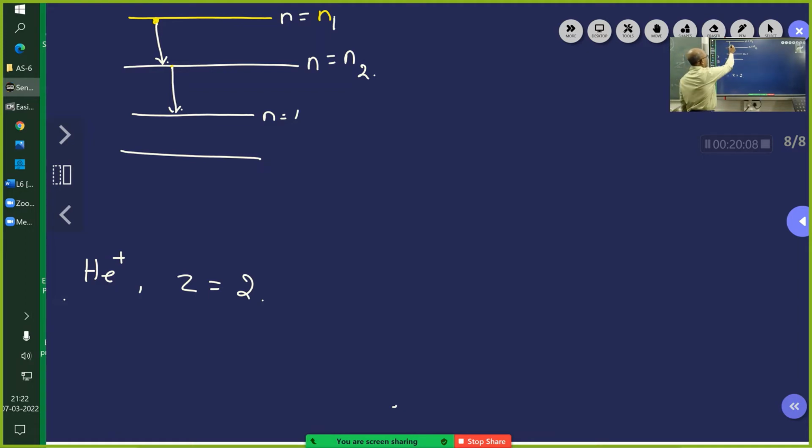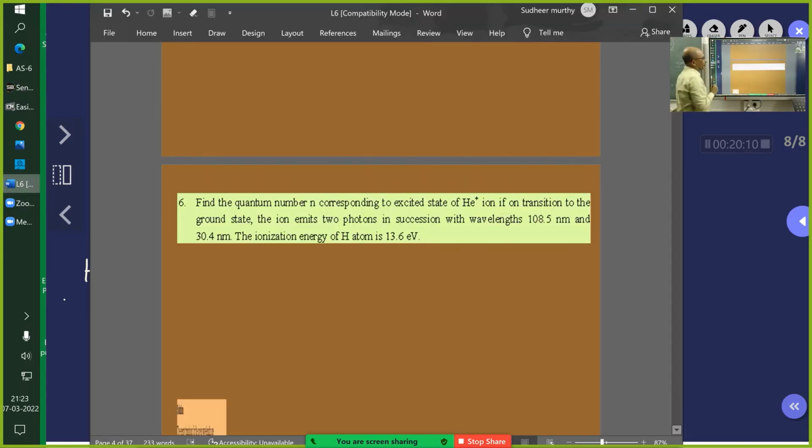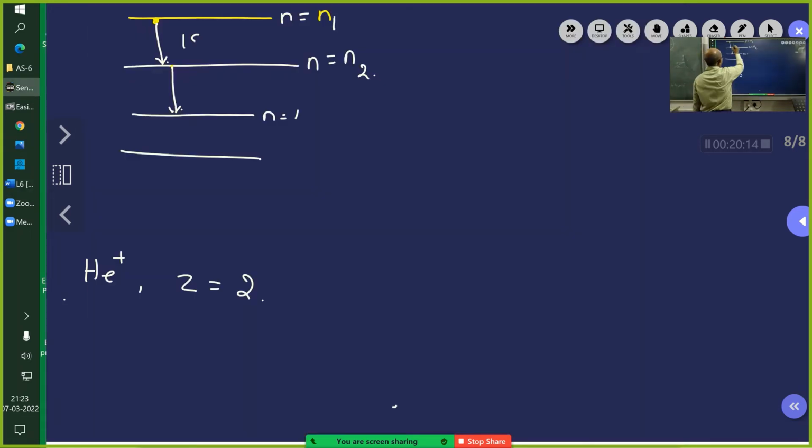So what have they given as the energy of the first one? 108 and 30.4. Finally it will come to the ground state. This is the data they have given.